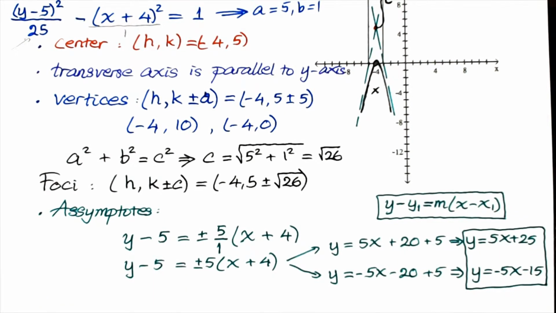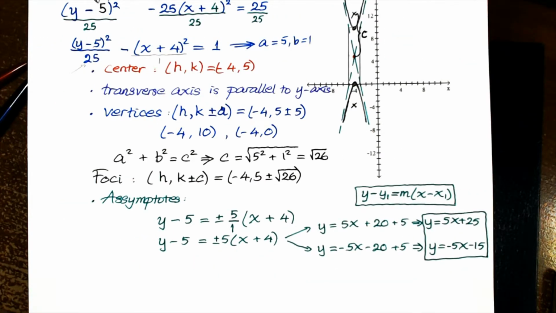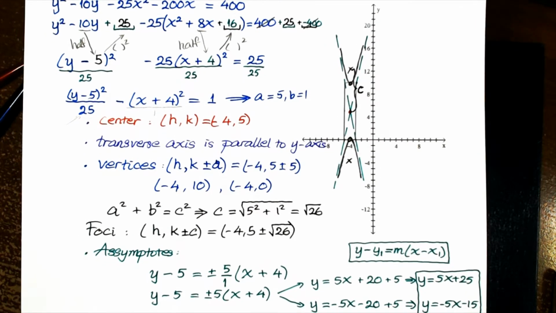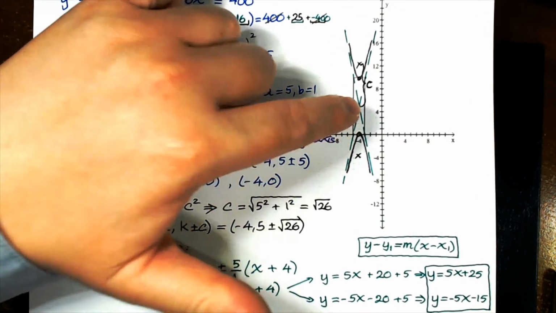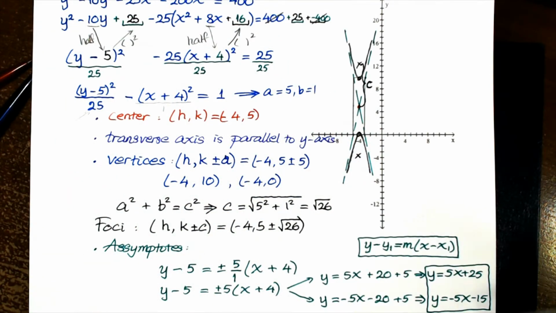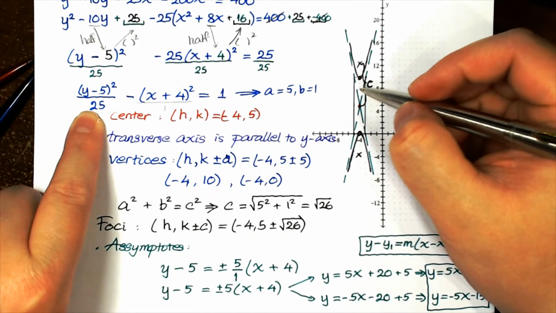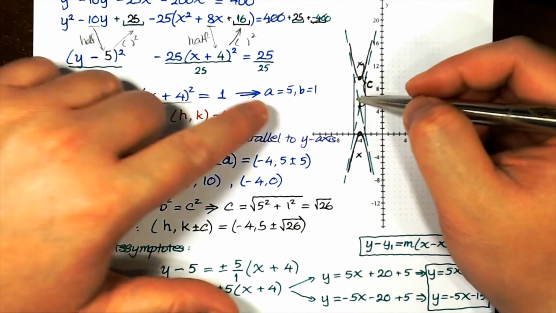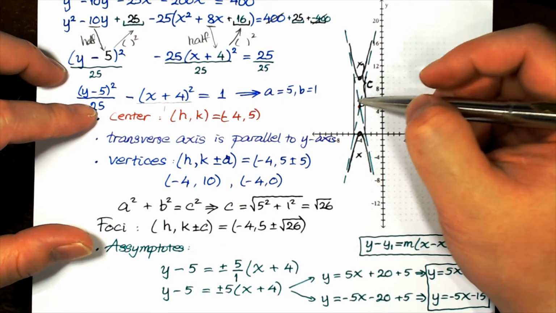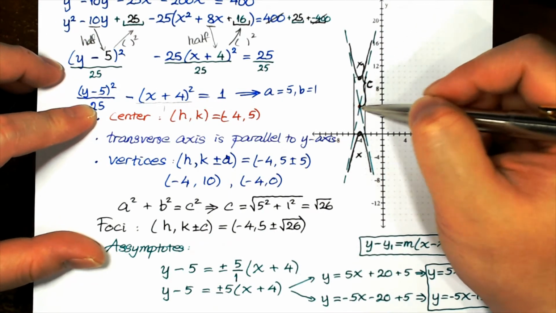Right, let me zoom out to see the whole problem. So when we have the equation, we have to know where the center is. That's where we start. And I just look at the formula. If we go up and down 5 units, I don't worry about a and b yet. 5 units up and down, 1 unit left and right.